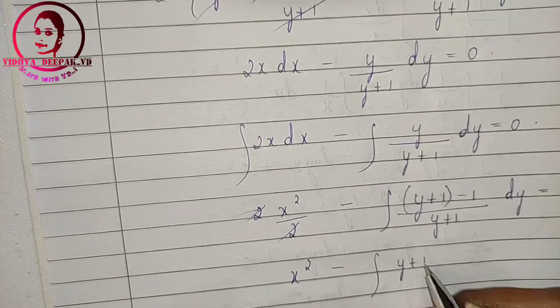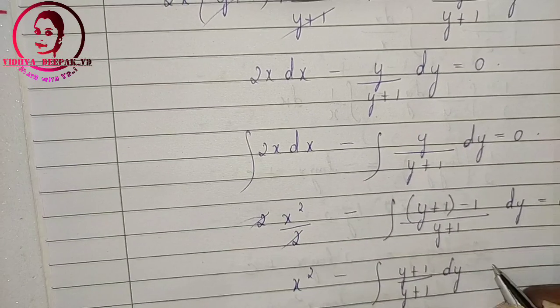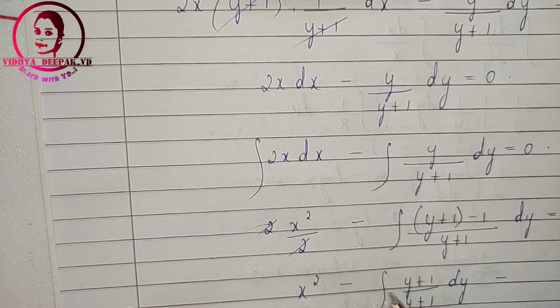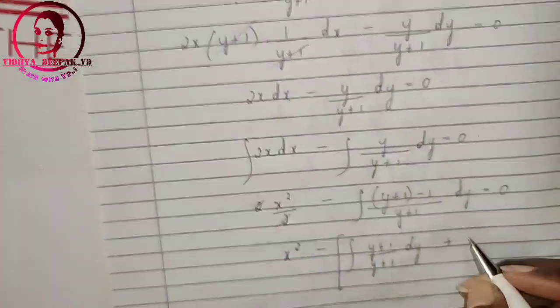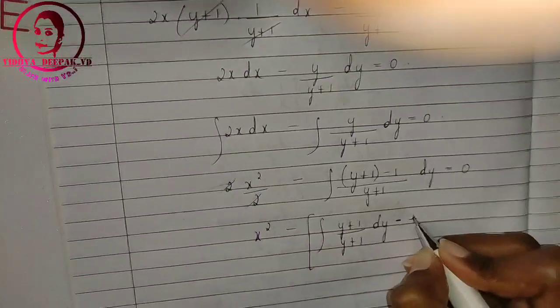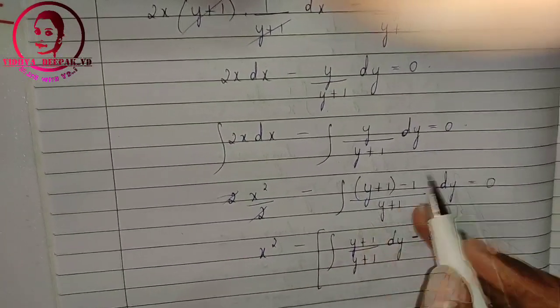So what do I get? The integral of (y+1)/(y+1) dy minus the integral of 1/(y+1) dy is equal to 0, where the minus is already here and I am splitting this integral.